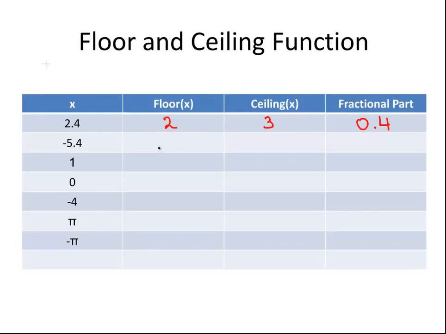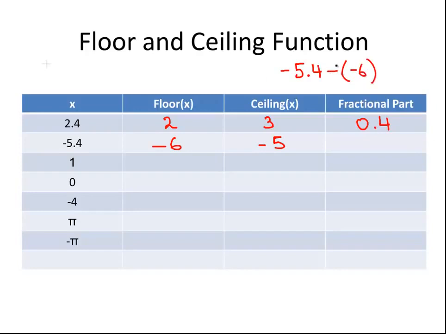The floor function of -5.4, just remember the number line, is -6. And in this case, the ceiling is -5. Now, let's do the fractional component here again. You might be surprised by this result. -5.4 minus -6.